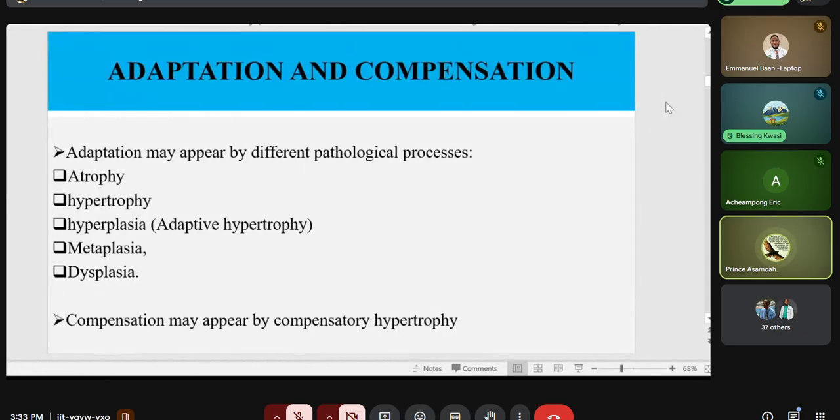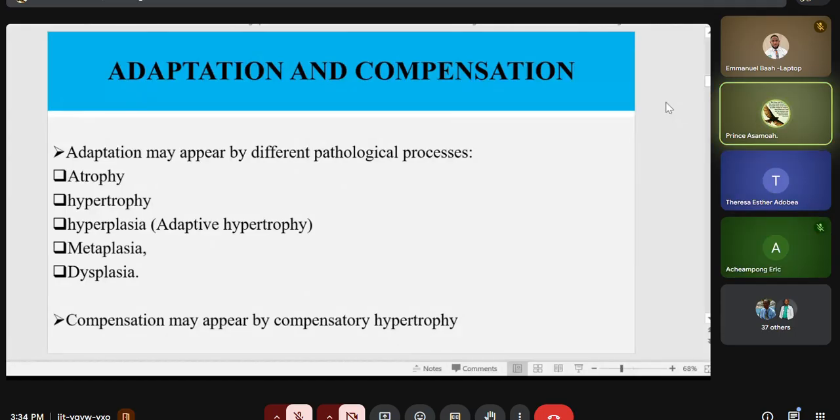So let's look at how adaptation appears in different pathological processes. You can find adaptation appearing as atrophy, or as hypertrophy.